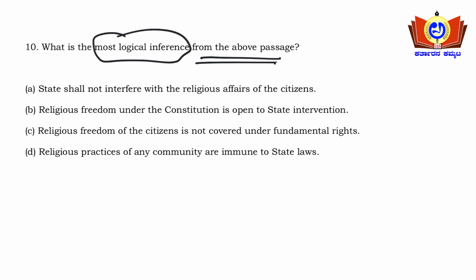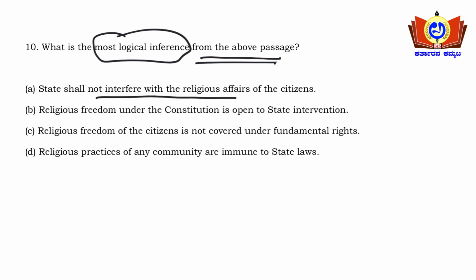Okay, and in the later part of the passage, the closing words of this prefatory rider in Article 25 virtually constitute a subordination clause, placing other fundamental rights mentioned in part 3 over and above the right to religious freedom, my dear friends. Okay, not actually contradictory statements, it is placing different ideas here, my dear friends. Okay, that idea you need to grasp here.